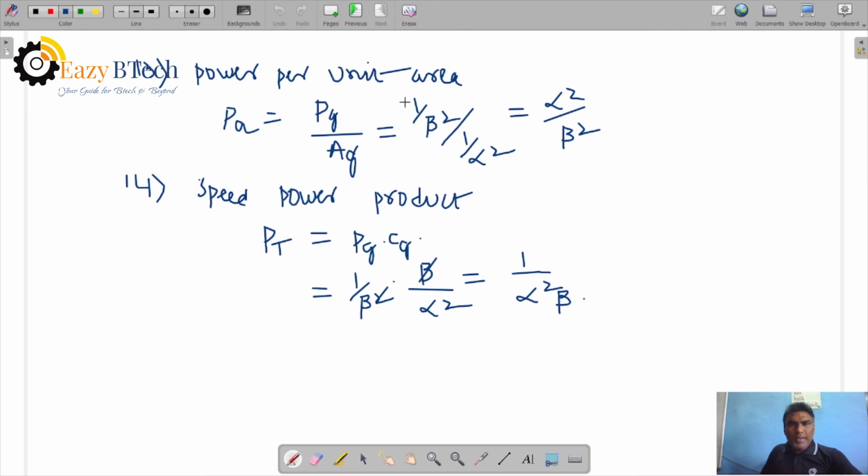Power per unit area is PG by AG, and the last one, speed power product, is PG into CG, which is 1 by alpha square beta. These are very important in examinations and also in competitive examinations.